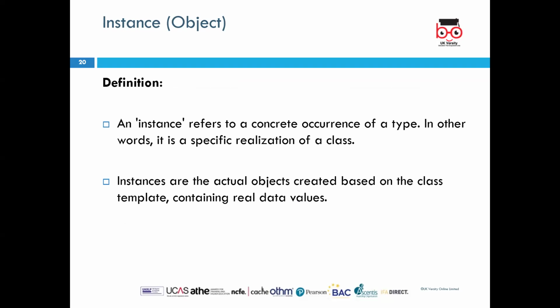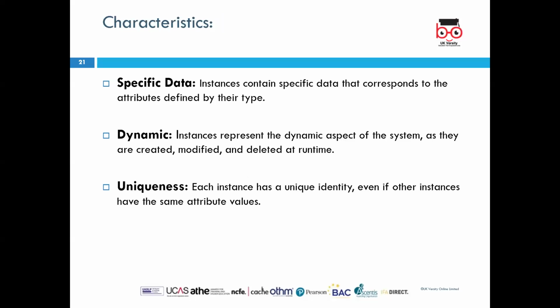Instance. Basically, with instance, we refer to the concrete appearance of a type. In other words, it's a specific realization of our class. The characteristics of an instance are specific data, dynamic, and uniqueness. Instances contain specific data that correspond to the attributes defined by the type.